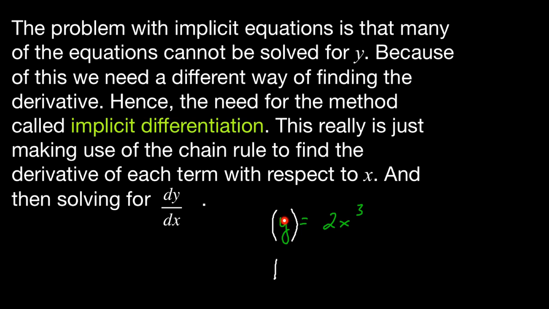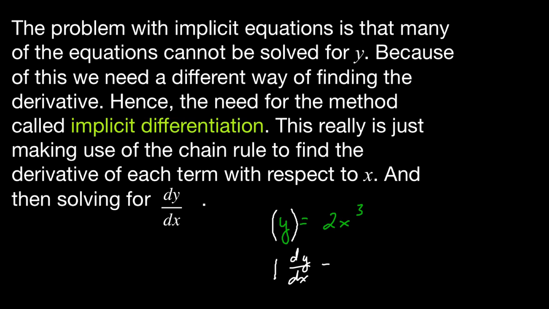And the derivative of this is dy/dx, or in other words, it is the derivative of y with respect to x. So what we did is we took the derivative of y, which is 1, and then multiplied by the derivative of the inside part, which is dy/dx.